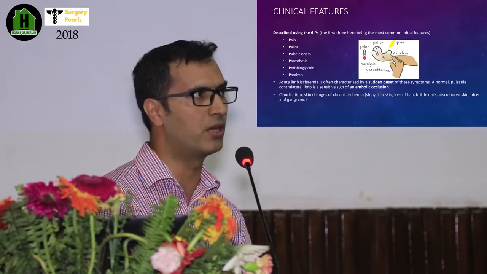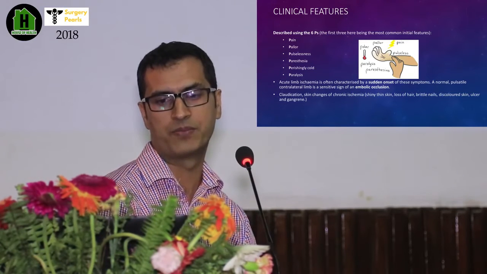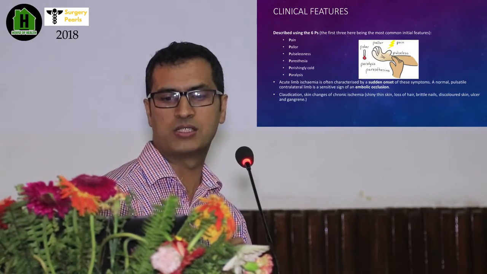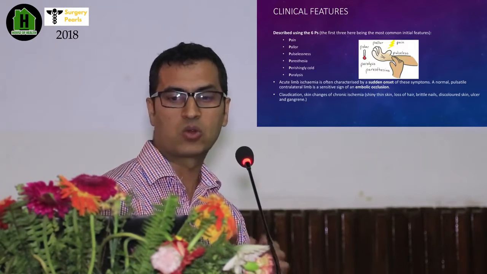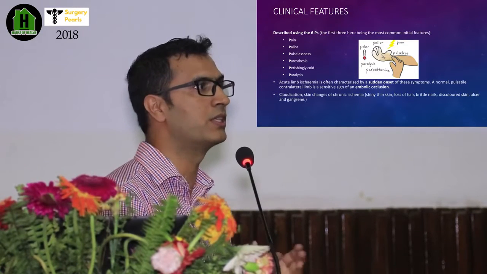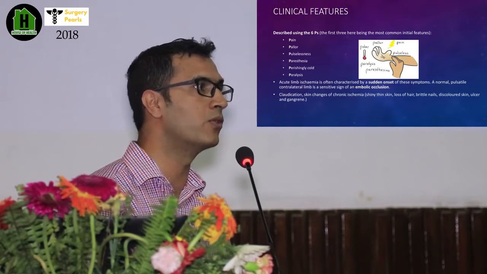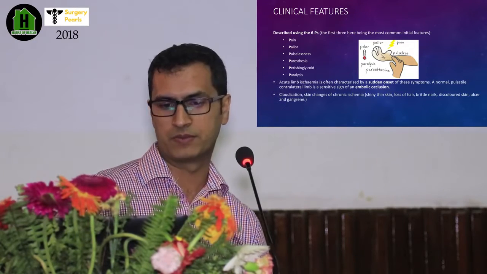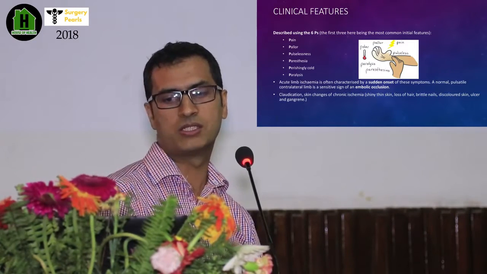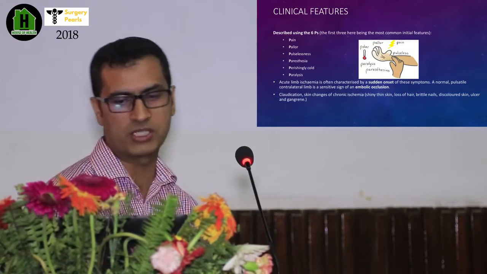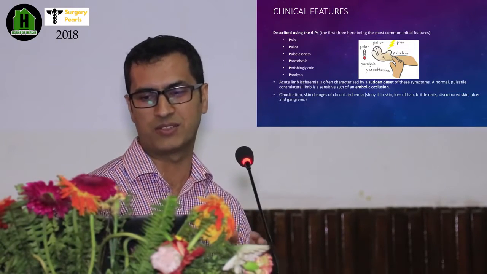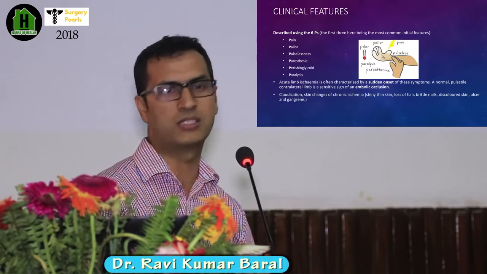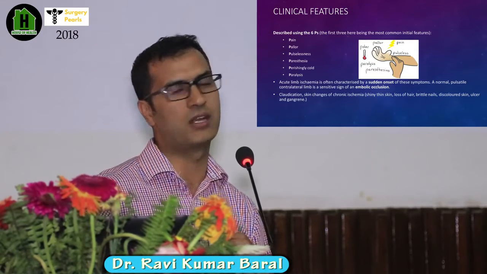Color change, paresthesia, and coldness are more common in those who present with chronic critical limb ischemia. Claudication and skin changes of chronic ischemia, like shiny skin, loss of hair, brittle nails, discolored skin, ulcer and gangrene, are more common in chronic critical limb ischemia.